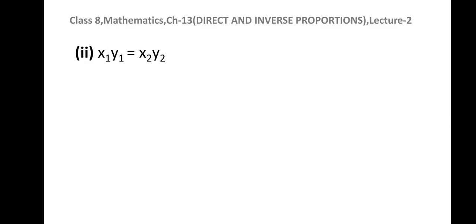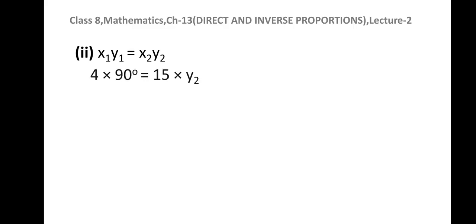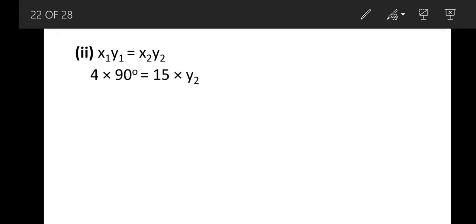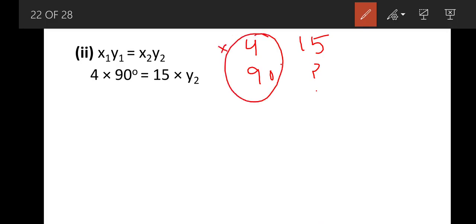So let us see now. I have taken x2 y2. Again, you can take any other variable also. I am taking the first two values, that is when the number of spokes was 4, the angle is given to us as 90 degrees, and now the number of spokes is 15. I need to find the angle. So x1 y1, this is x, the number of spokes, this is y, the angle. x1 y1 is equal to x2 y2.